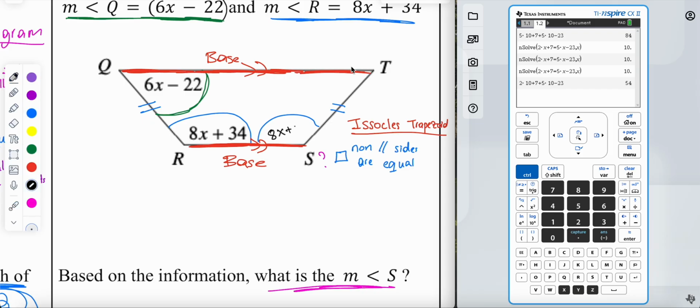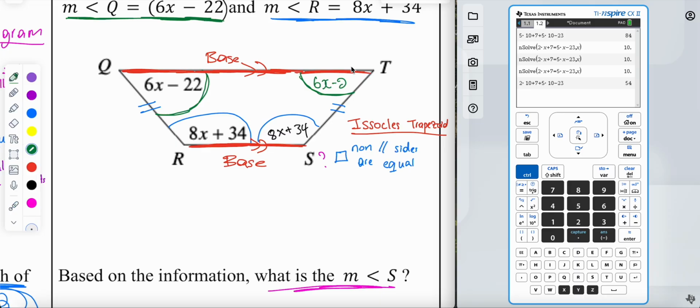Up here is the other base. The angles alongside this base, next to each other, are going to be equal. All right, so these two are equal. So if this angle right here is 6x minus 22, then over here has to also be 6x minus 22.